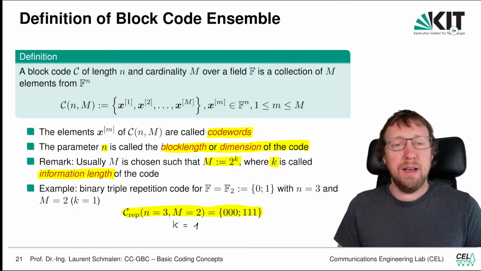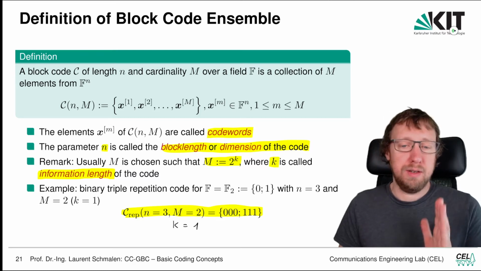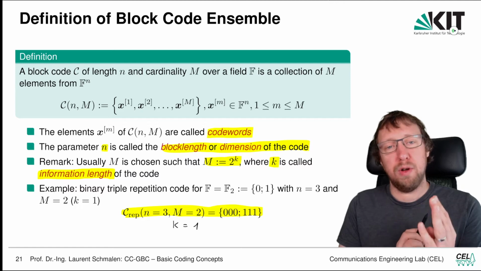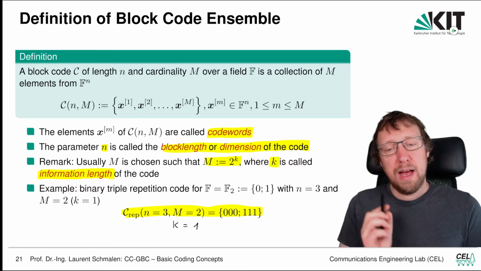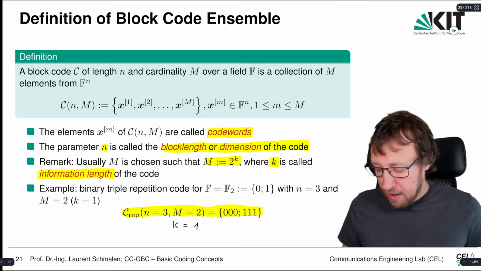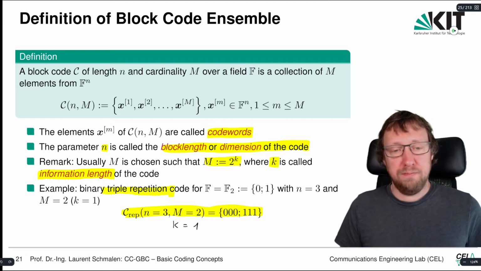We see that the code words repeat, which is why it's called a repetition code. The first 0 is repeated 2 times, so overall we have 3 elements. In the second code word, the first 1 is repeated 2 more times. That's what we call a triple repetition code.